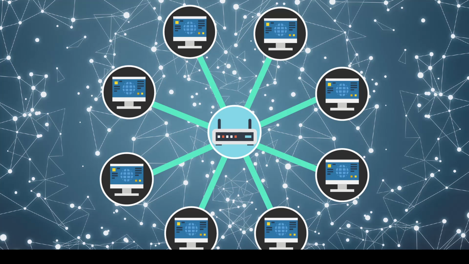It's the same principle we are using here, but multiplied exponentially. The way individual machines are identified is through something called IP addresses. So the obvious question here is, how are these devices connected to this router identified?